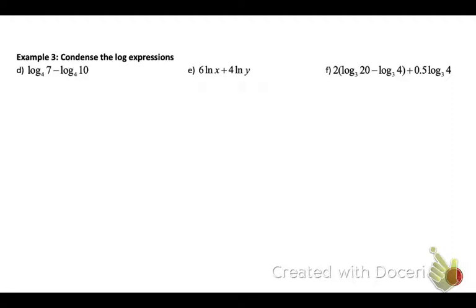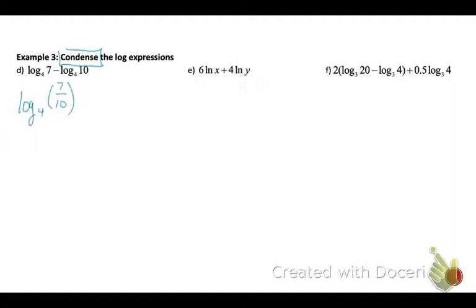So this is where we are going to use our properties to put the log expressions together until we have one log expression. So right away on D, I notice that they are both log base 4 and it's subtraction. So I can use my quotient property to rewrite that as division. So log base 4 of 7 over 10. Now I wasn't asked to evaluate that, so I'm just going to leave it as one log expression, and that's condensed completely.